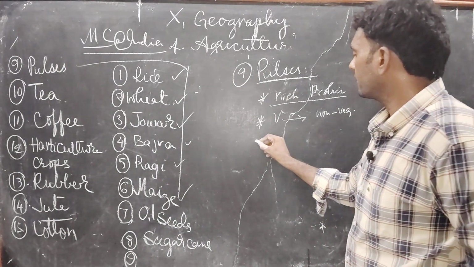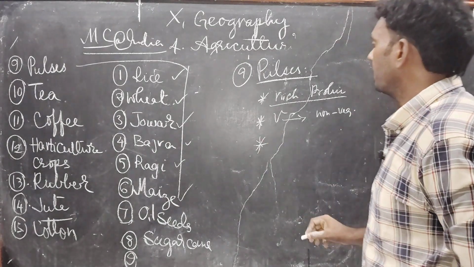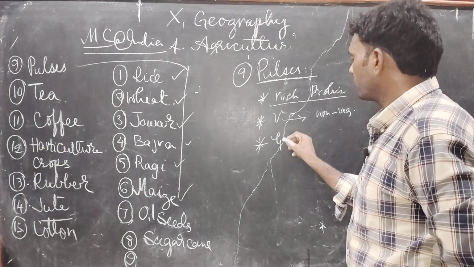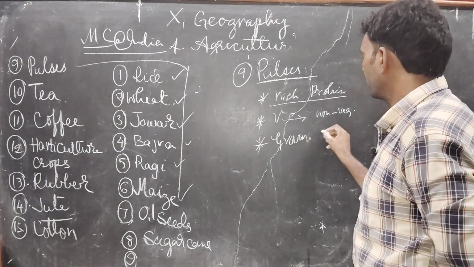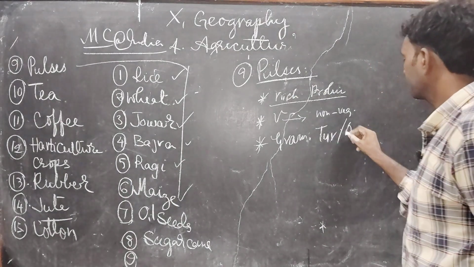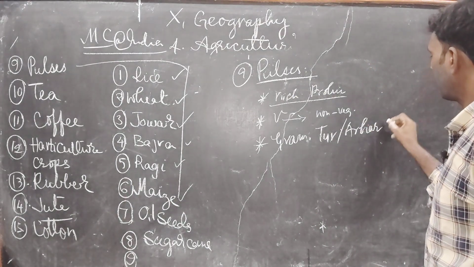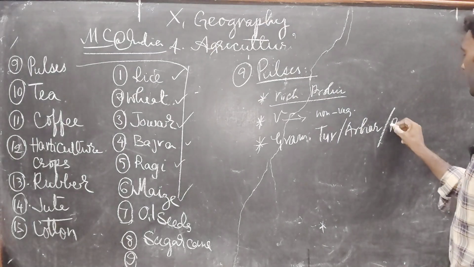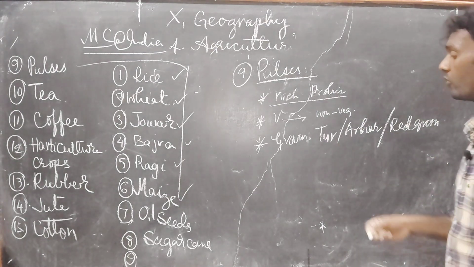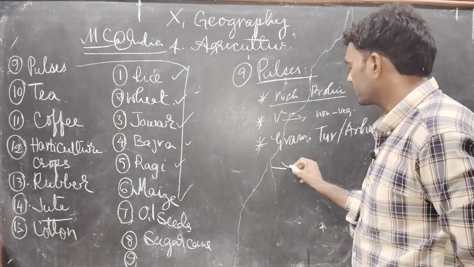And what are the main pulses? Major pulses: the first one is gram. The second one is tur or arhar, or red gram. What are the other remaining pulses?